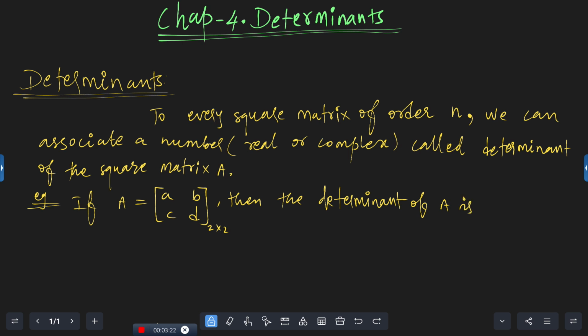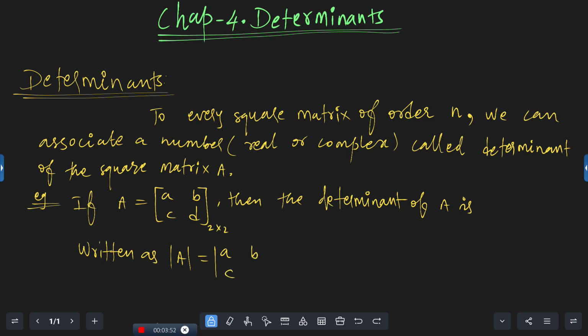It is written with a modulus-like symbol, but we should not use the word modulus. You have to read this as determinant of A. If you say modulus of A, that is purely wrong. Don't say modulus of A. We always have to say determinant of A.